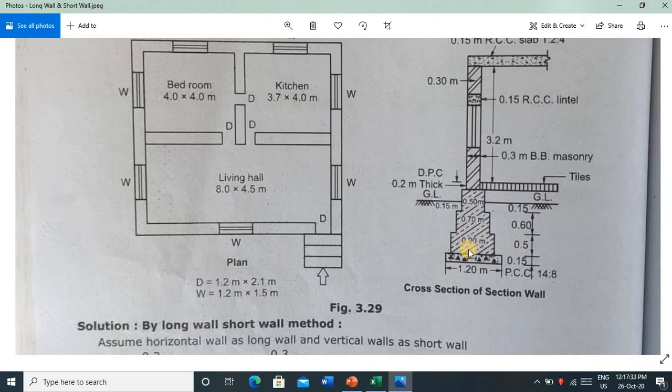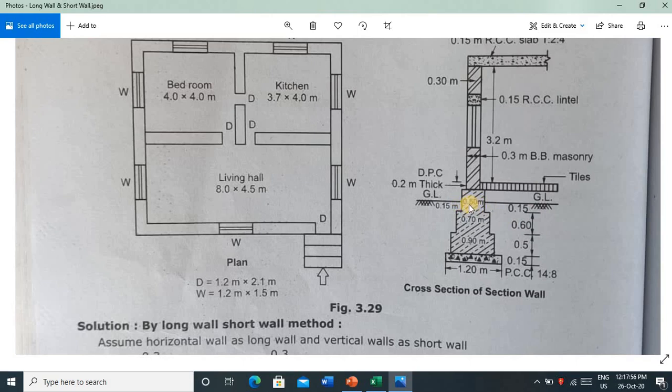The width of the first step, you can consider the first step up to here, is 0.90 and the height is 0.5 meter. For step 2 the width is 0.70 meter and the height is 0.60.